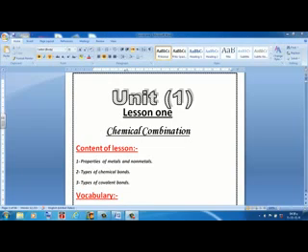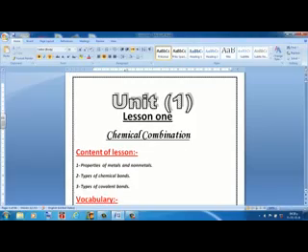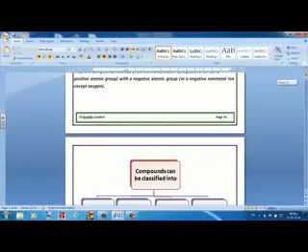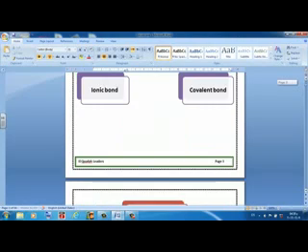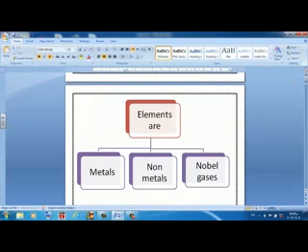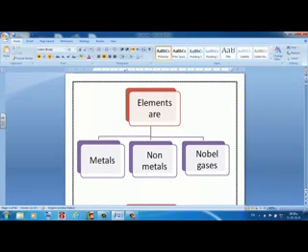And here I want to start with the electronic configuration of metals and nonmetals, as you have studied before in Prep 1 in the first term. You have studied before that elements can be classified according to their properties and electronic configuration into metals, nonmetals, and noble gases.